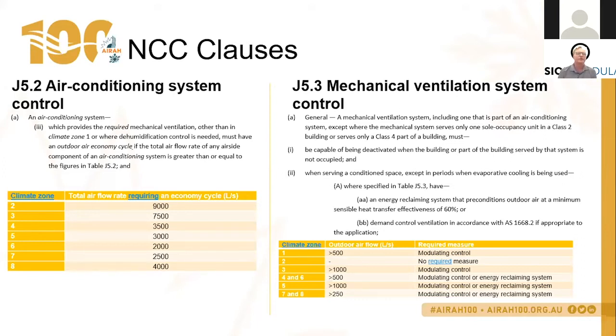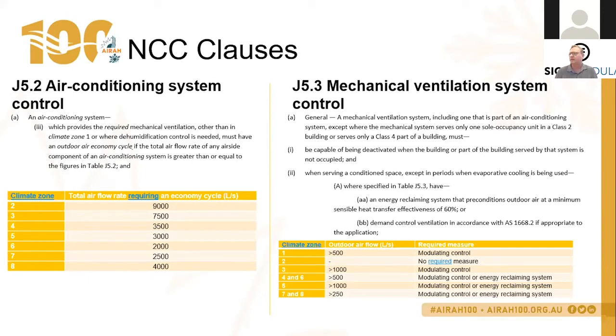Table J5.2 is based on the supply air quantity of the system, a single system. It's not applied across multiple systems and then added up unless they're all central systems, and you're therefore able to use a centralised economy cycle across multiple systems.